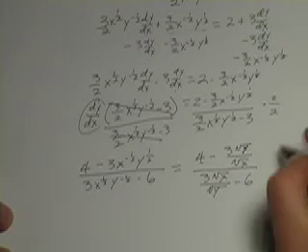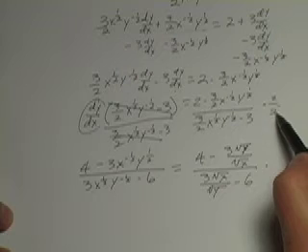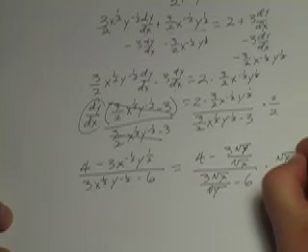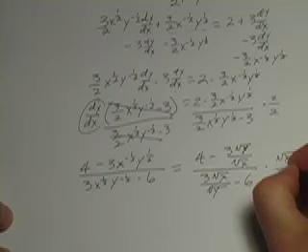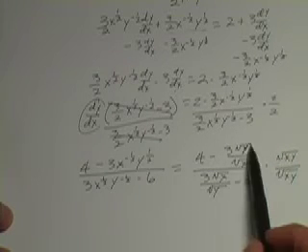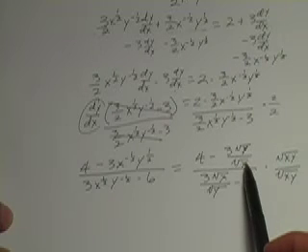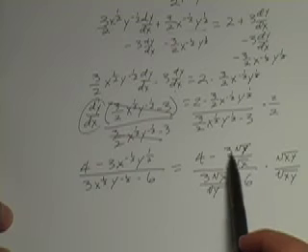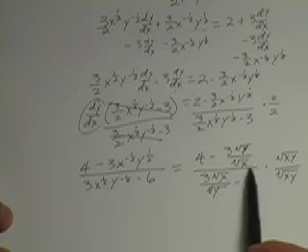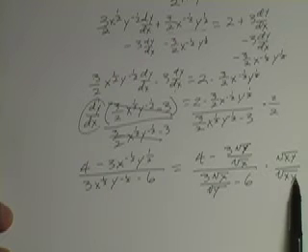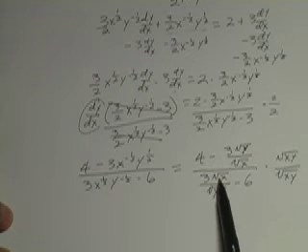Now I did that so that we could figure out how to simplify this more. And what I'm going to do now is multiply by 1 again, just like we multiplied by 1 up here. I'm going to multiply by a different version of 1, the square root of xy over the square root of xy. Now, when I do that, the square root of x here and here are going to cancel. The square root of y is going to multiply by the square root of y here. And so in this term, you'll just get 3y. And then over here, the square root of y's will cancel, and you just get 3x up here.